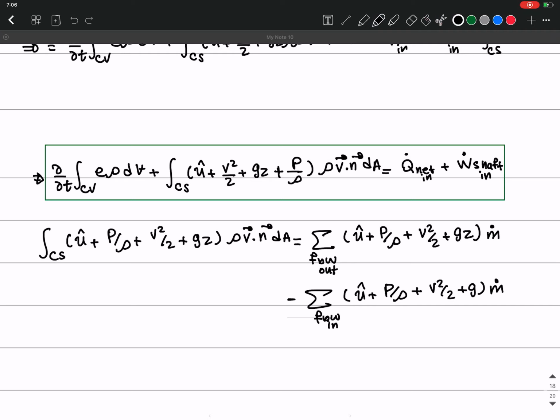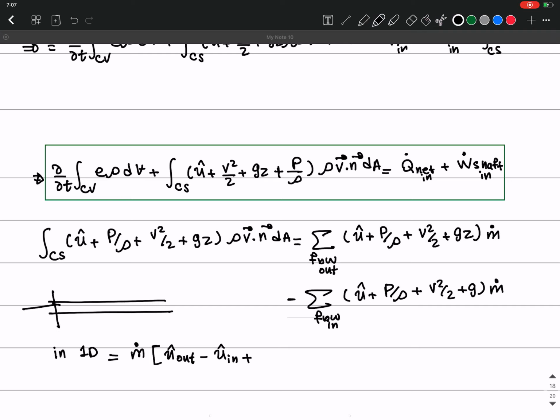And so in one dimension, for example, if you have a pipe flow, I can factor m dot and write it as m dot u out minus u in plus, so get rid of the sigma, and for one dimensional flow, it's just one place, right?